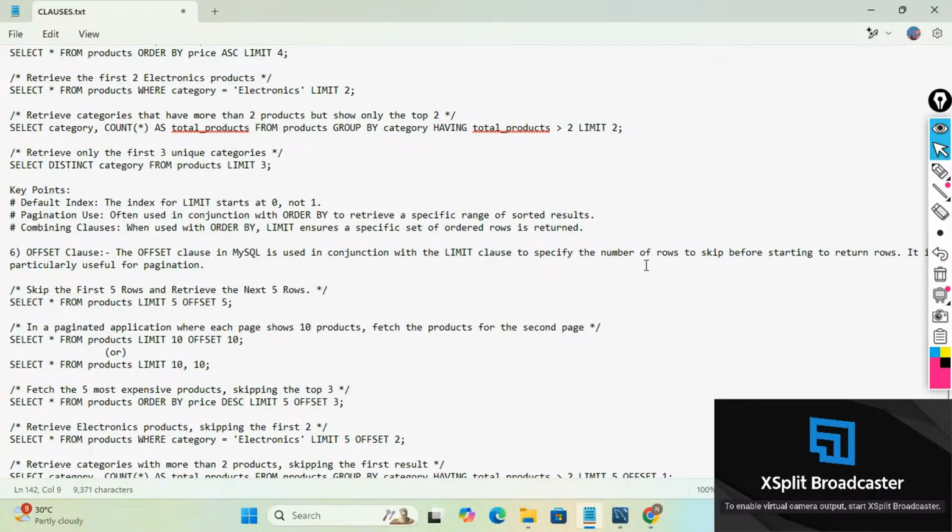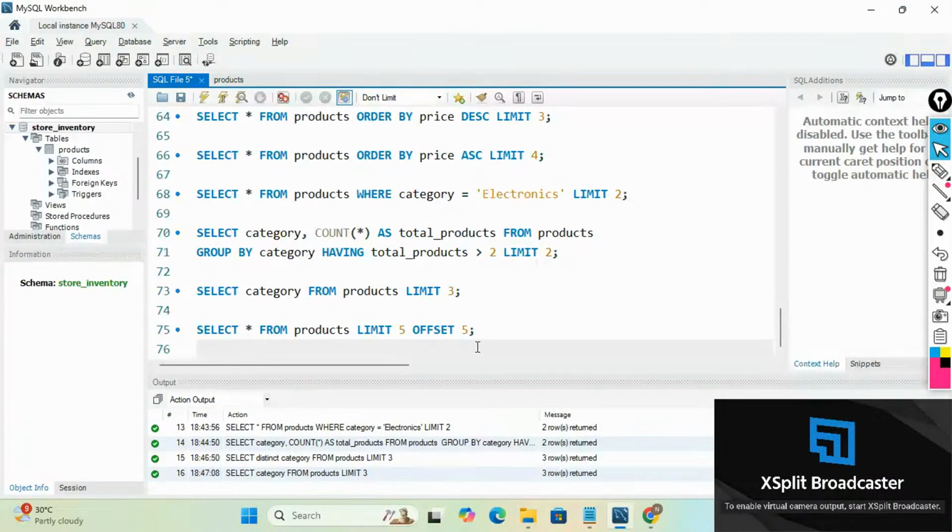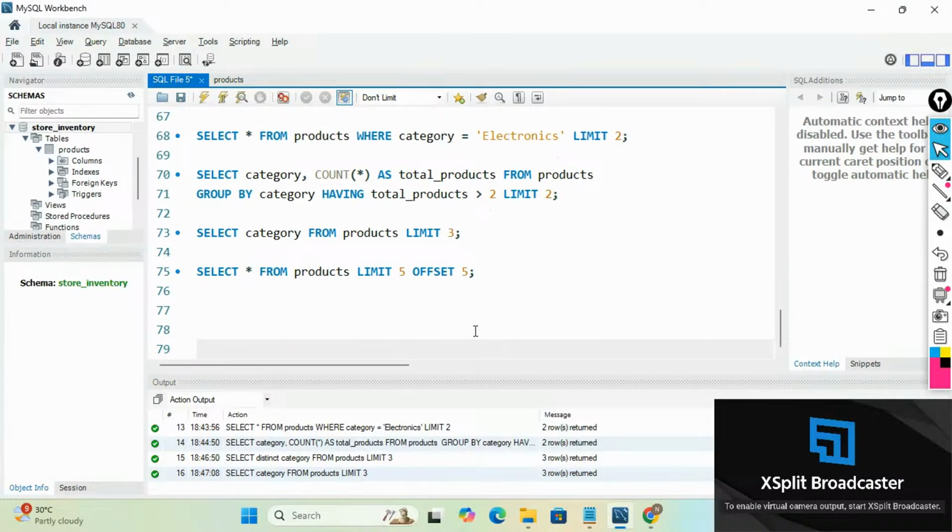This offset helps us to skip rows. The rows get skipped with the help of offset. How? I'll explain. So you see, this is a small syntax. We have a query here.